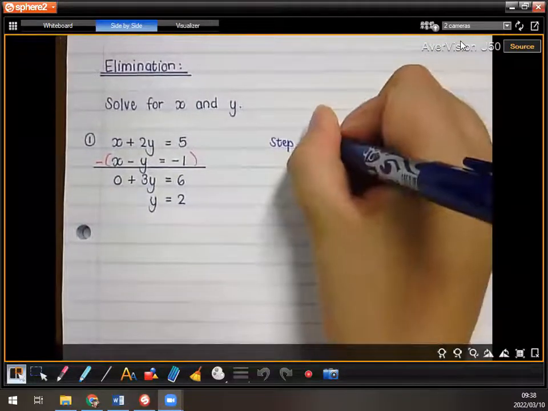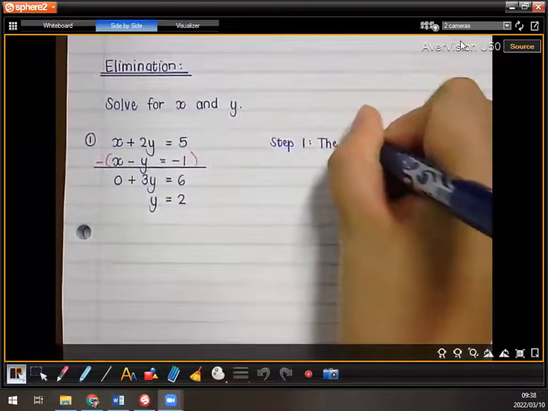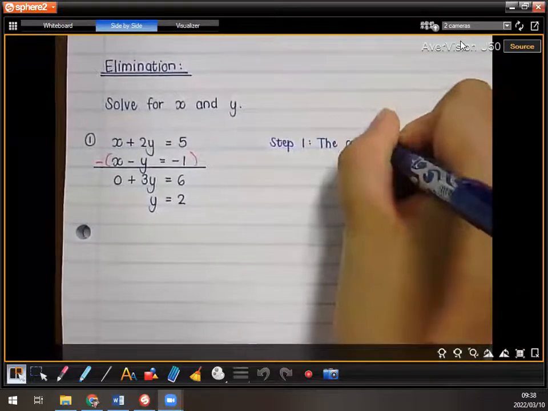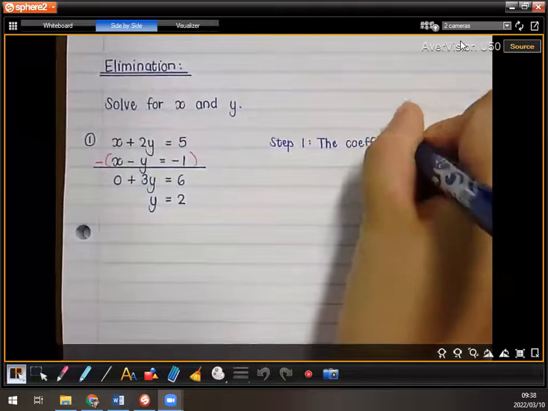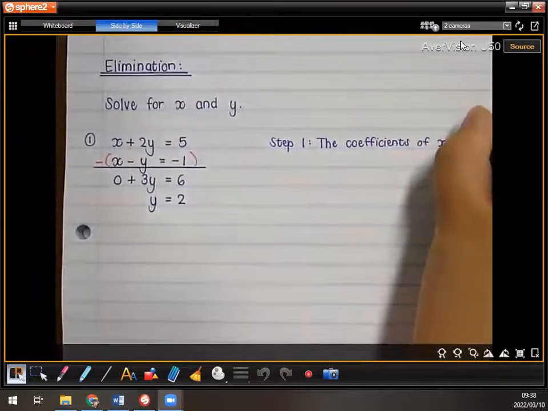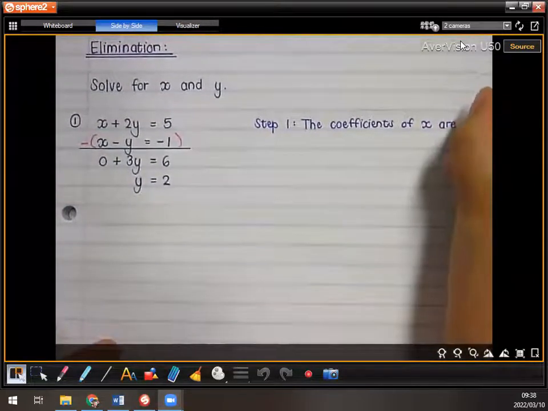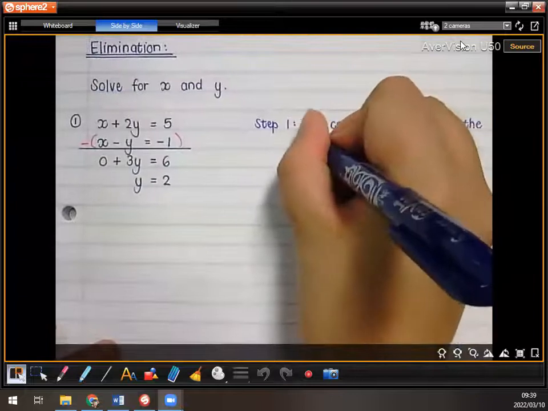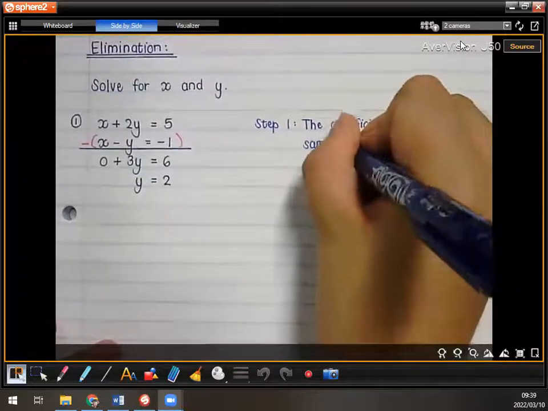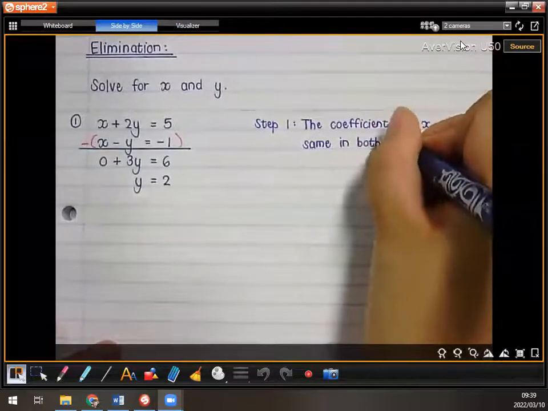Okay, I'm going to say the coefficients of x are the same in both equations.